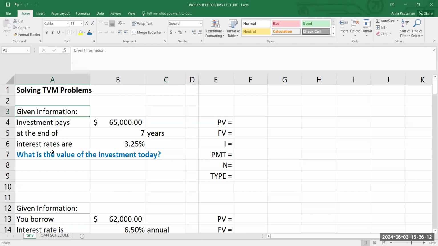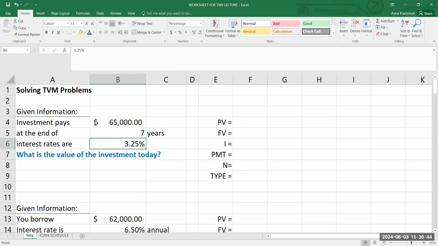All right, so for this first one, an investment pays $65,000 at the end of 7 years. Interest rates are 3.25%. The question asks, what is the value of the investment today? This information would be important if you were trying to determine whether the cost being asked to purchase it were worth it or not.